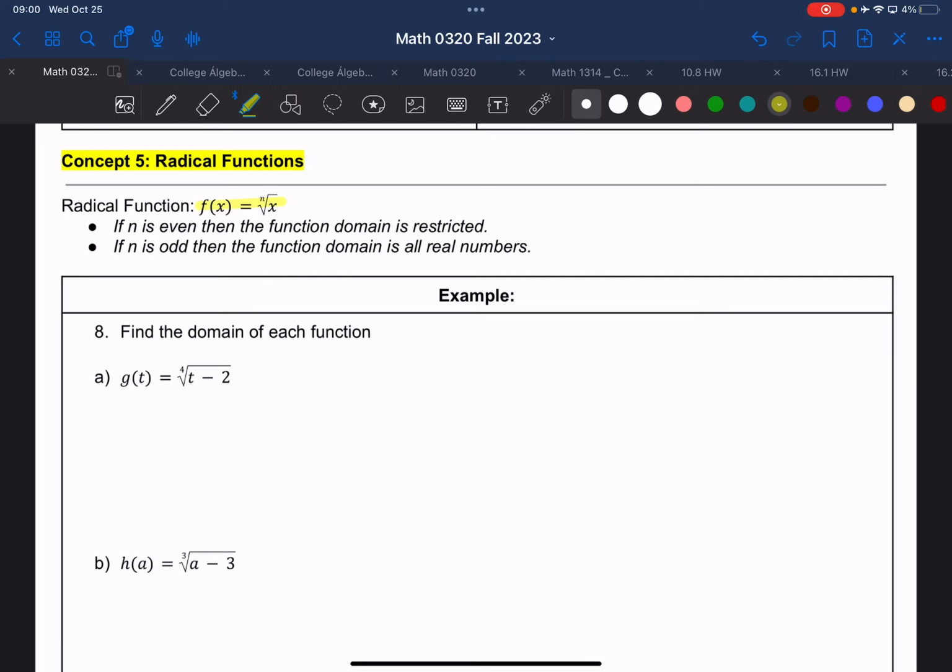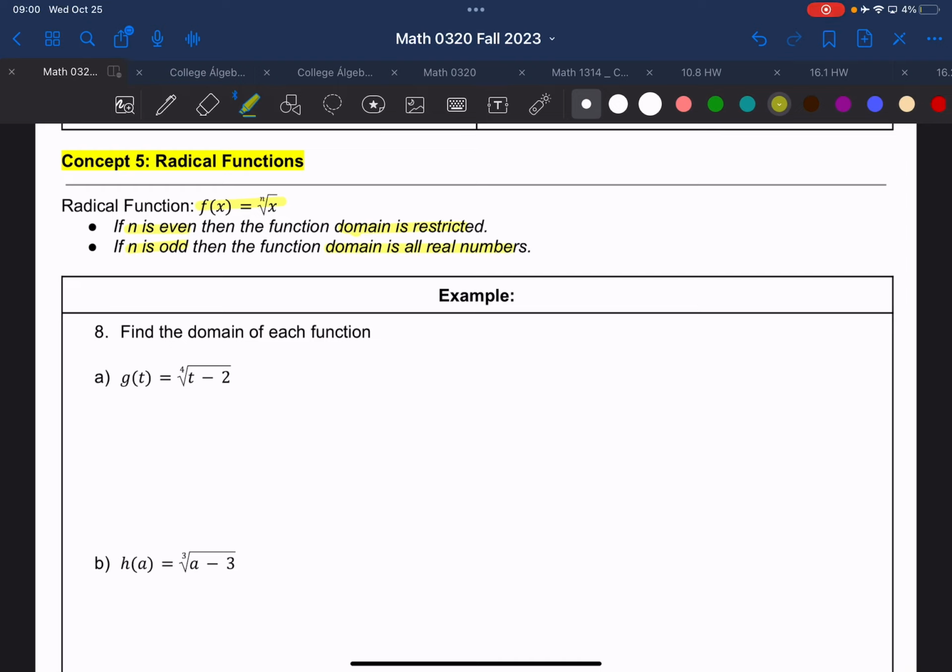It says if n is even, so if our nth root is even, the domain is restricted. If n is odd, then the domain is all real numbers. So in these questions, we are just finding the domain of each function.